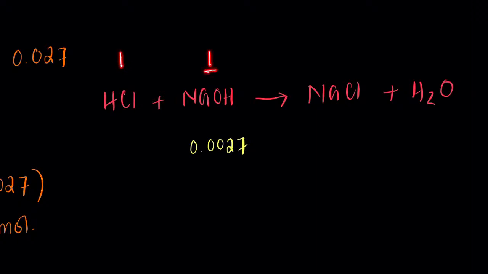For every NaOH added, there was one HCl, or they react in the ratio 1:1. So if there were 0.0027 moles of NaOH, which we just calculated, in the HCl, or in the original solution, there should be very close, if not exactly the same number of 0.0027 moles.